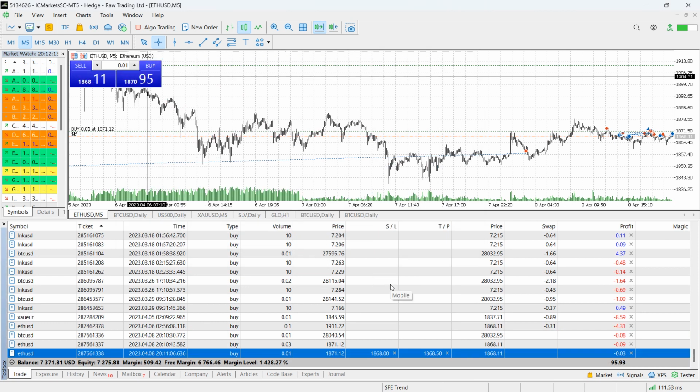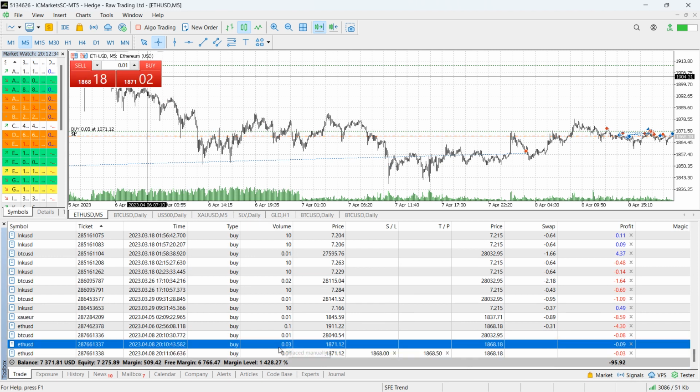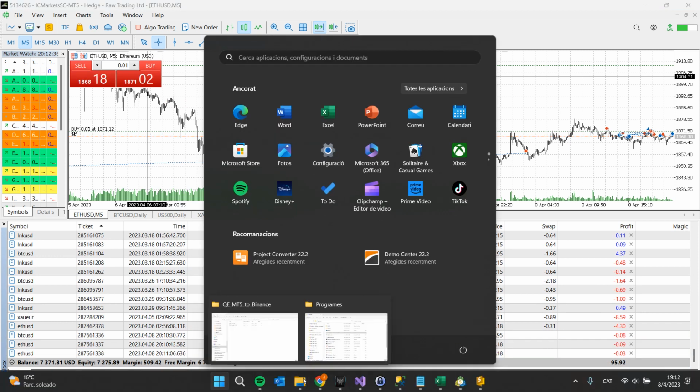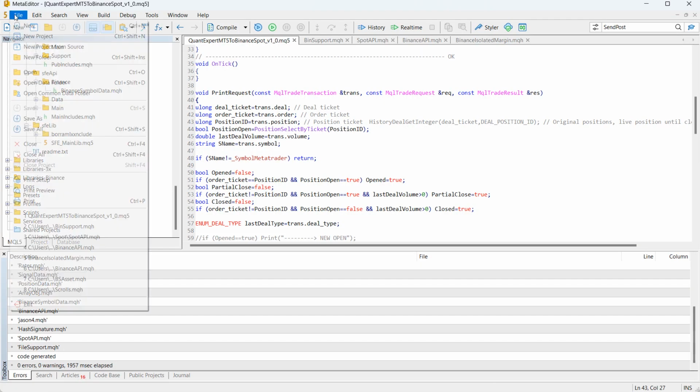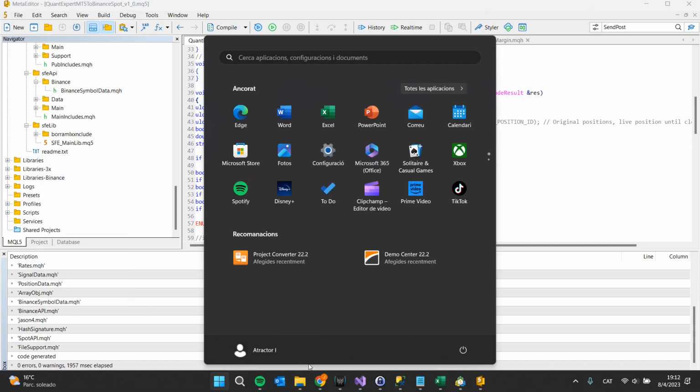And we will see if that stop loss or take profit is hit, and that quantity will be reduced in Binance. Okay. While that happens, we can see the files here in the data folder.